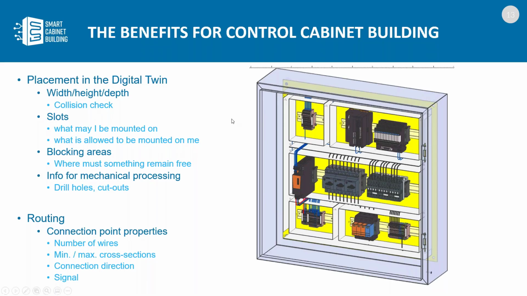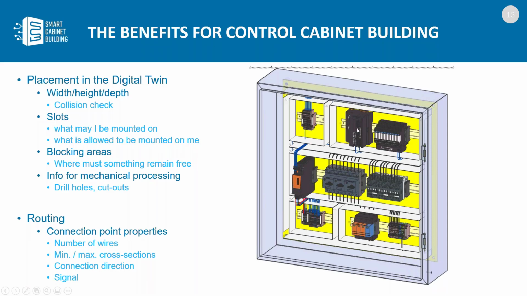So then we have automatically a collision check, so that there is not too big and not too small. So we know, okay, if it can be placed in the E3 digital twin, then it also fits in real life.